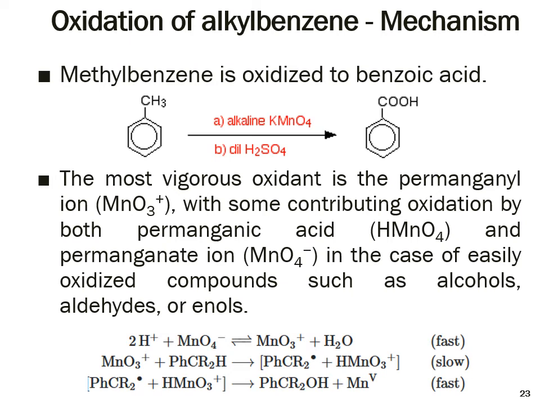Then this alkyl benzene radical reacts with this acid and it takes up an oxygen atom from here, and that is how it is producing an alcohol which is further oxidized to produce a carboxylic acid, which is the benzoic acid in this example.